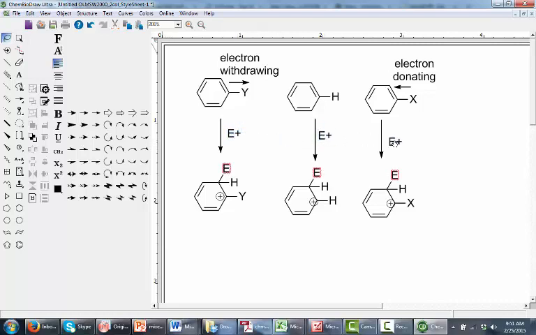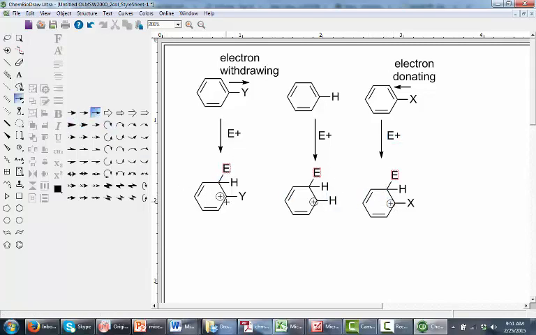So, for example, in the unsubstituted benzene, I add an electrophile to this carbon, that's this E. I then form a positive charge on the carbon that is adjacent to it. So this is my carbocation intermediate. And similarly here, I put the E on this carbon and put a positive charge on the carbon adjacent to my incoming electrophile. Same here. E goes on the top carbon, positive charge goes over here.